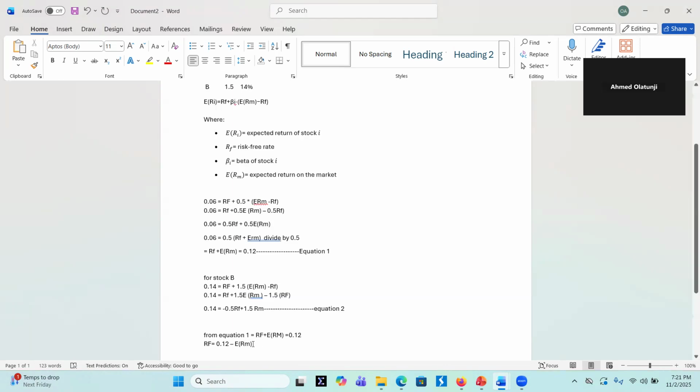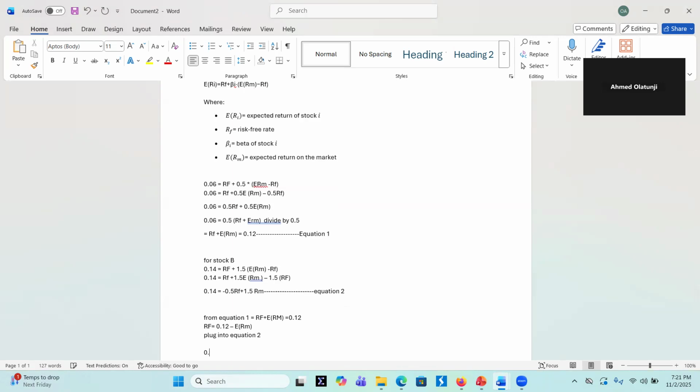Put it in capital letter so you don't get confused. Now you plug it into equation 2. Plug your RF into equation 2.